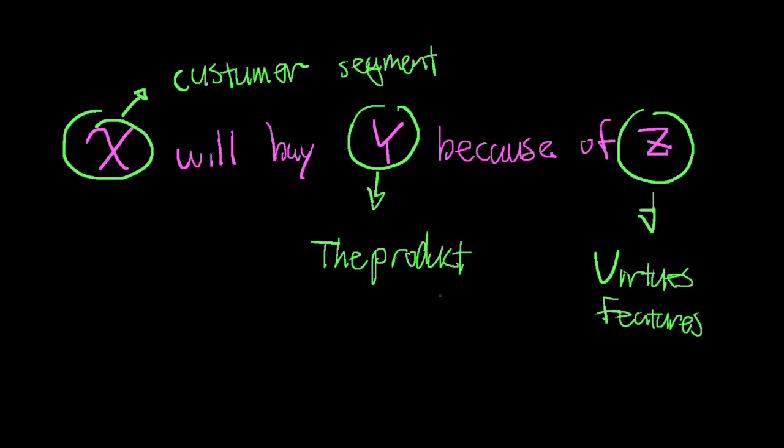So not what the product does, but what it is about the product that will make the customer buy it. Very importantly, it is not about what the product is, because you're describing that in Y, but it is the why. To further illustrate this, let's take a look at a few examples.